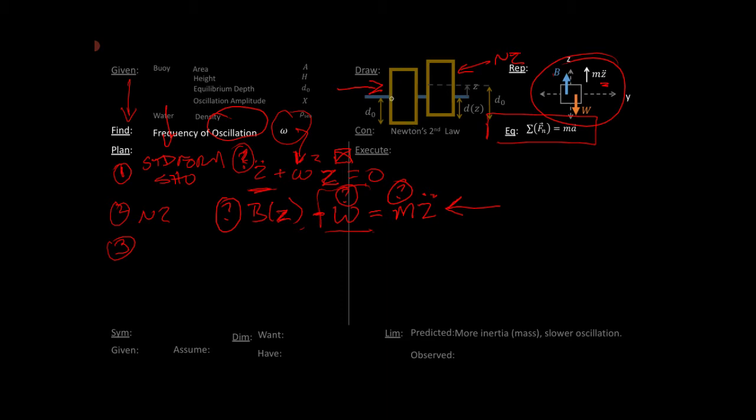But we could have this situation where, before the shark started pulling things, it was just resting there in equilibrium, right? So that equilibrium, that's Newton's first law. So we can use B of 0 minus the weight is equal to 0, right? If we have z equals 0, and the thing's not moving, it's not going to start moving. If it is moving, it's still going to have a 0 acceleration.